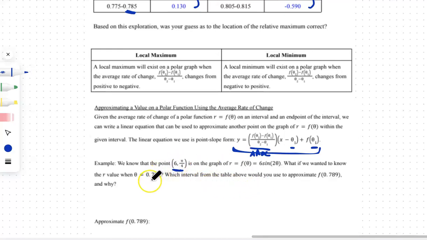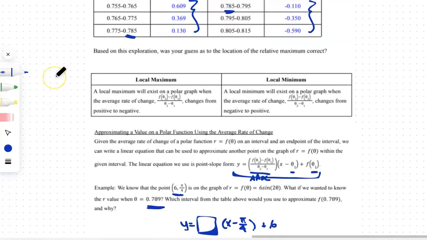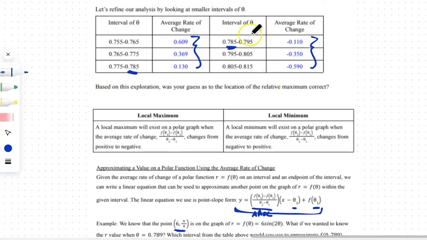What if we wanted to approximate at a nearby value? Well, what we can do is write a secant line equation using an input value, which is the angle pi over 4, and an output value, which is the r value of 6. And then here we would input the average rate of change, and we're going to borrow that from a table we used up here.